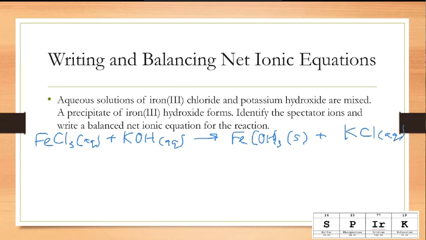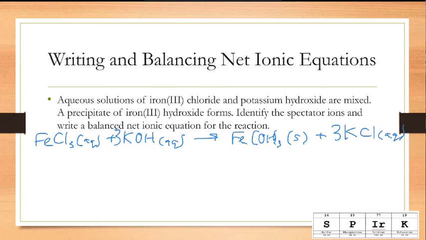But remember, we need to make sure that we obey the law of conservation of mass. We need to add a 3 in front of our KCl and a 3 in front of our KOH to balance out this equation. So now we want to go to our ionic equation.